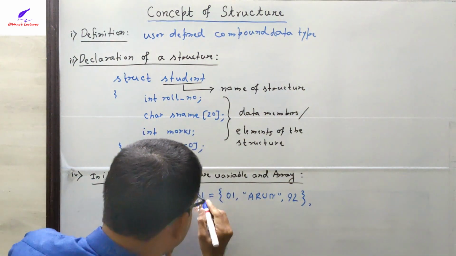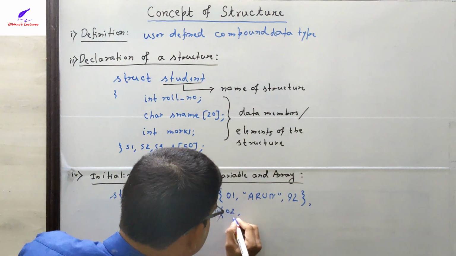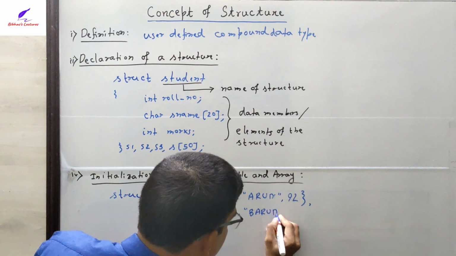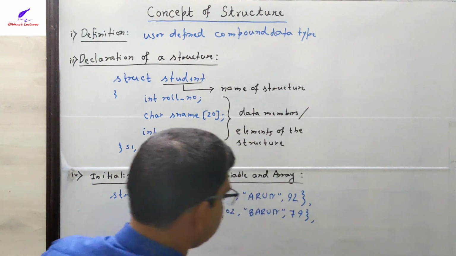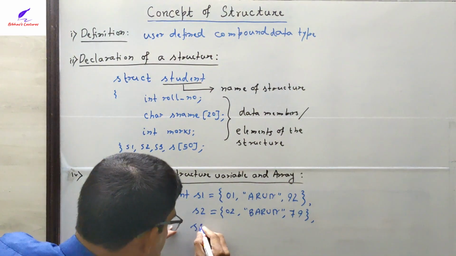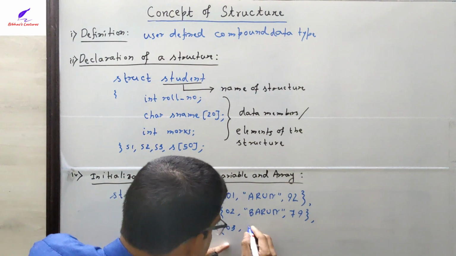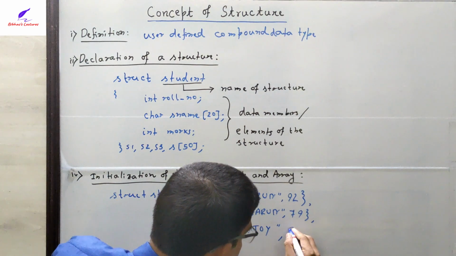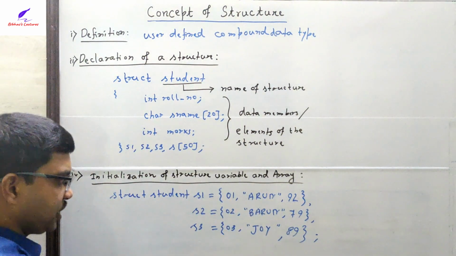Okay, now if you want to initialize S2, then you can mention the roll number 02, then suppose the name of the student is Borun and it has obtained 79. Okay, now the last one is S3, the structure variable. Suppose the roll number is 03 and the name of the student is Joy and the student has obtained 89. Okay, and that is the end of the initialization part.